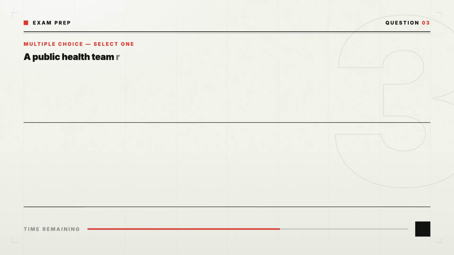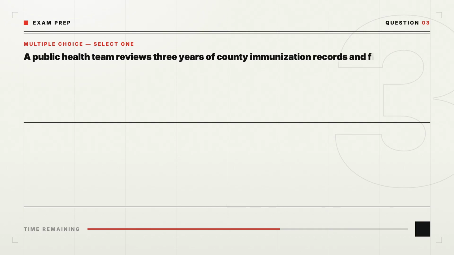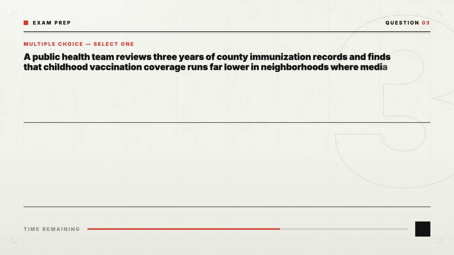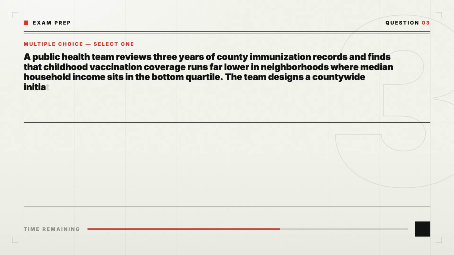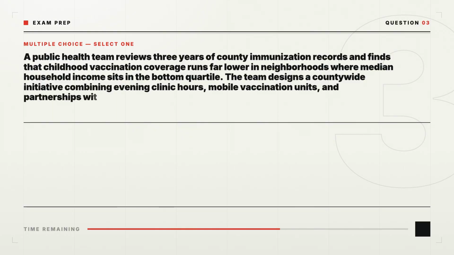Question 3. A public health team reviews 3 years of county immunization records and finds that childhood vaccination coverage runs far lower in neighborhoods where median household income sits in the bottom quartile. The team designs a county-wide initiative combining evening clinic hours, mobile vaccination units, and partnerships with subsidized housing managers.